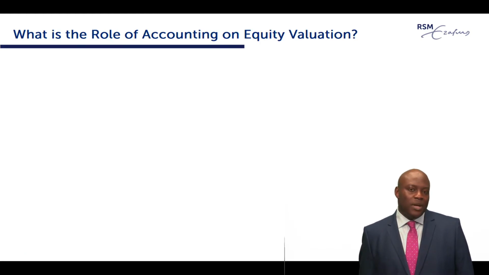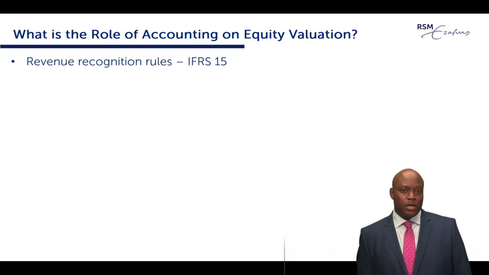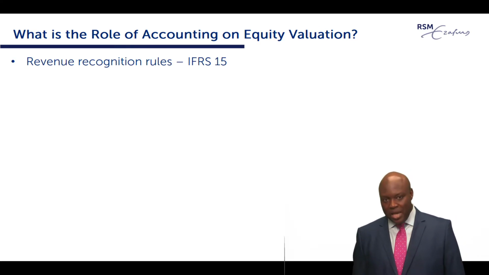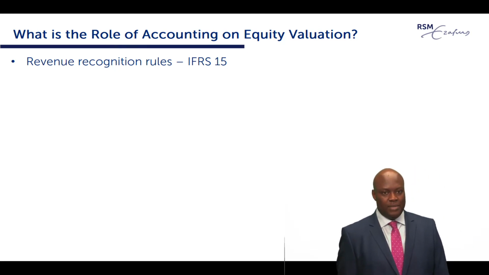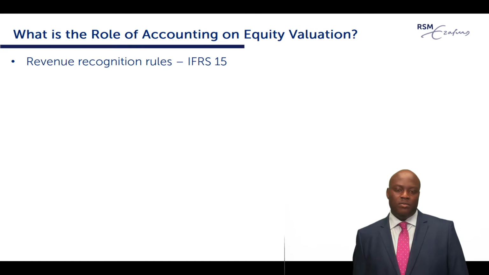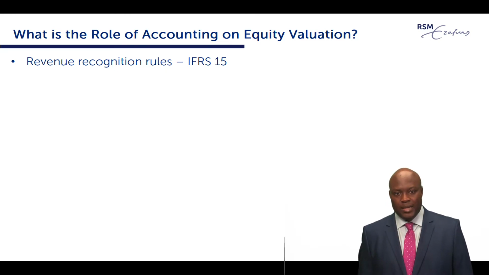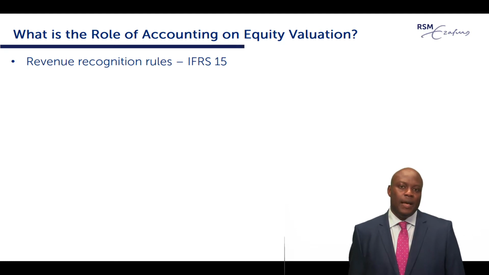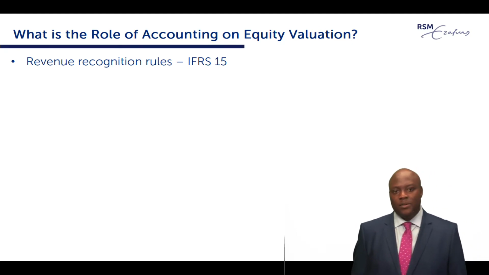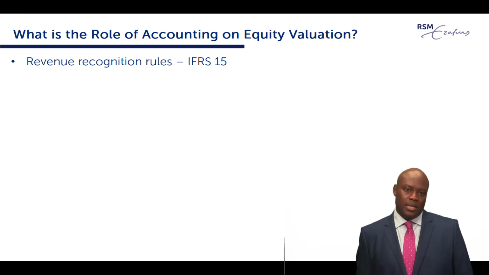So the first I would like to talk to you about in terms of accounting is revenue recognition. As you may be aware by now, the revenue line is the first line item you come across on the face of the statement of comprehensive income. This number is so important that any number of changes in accounting standards would affect it.